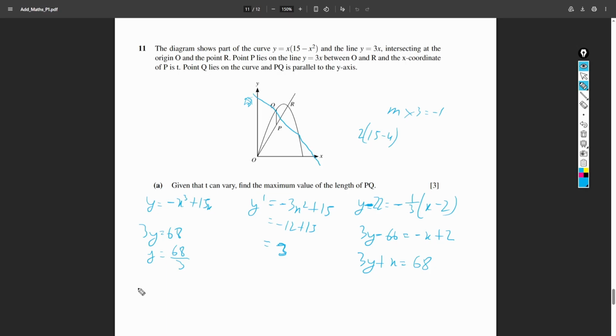Sorry, that's the y-intercept: 0, 68 by 3. We set y equal to 0 to get the x-intercept, so x equals 68. That one is 68, 0. So these are the two intercepts.